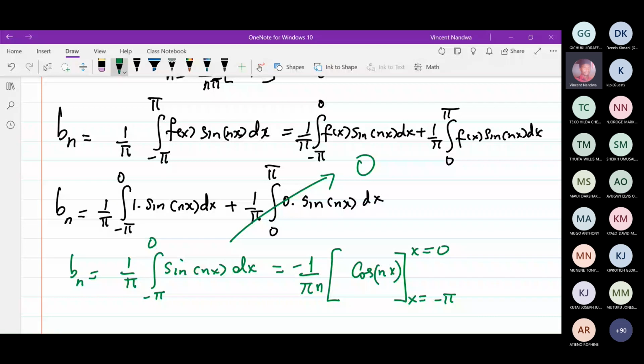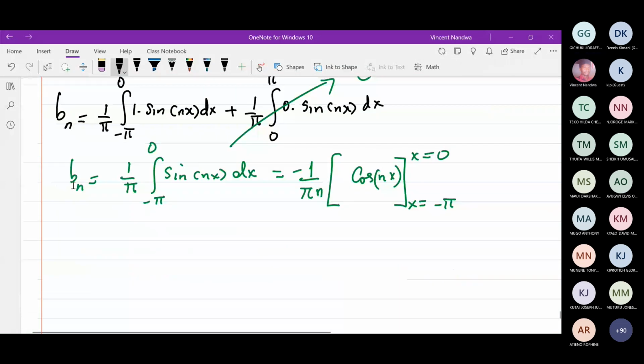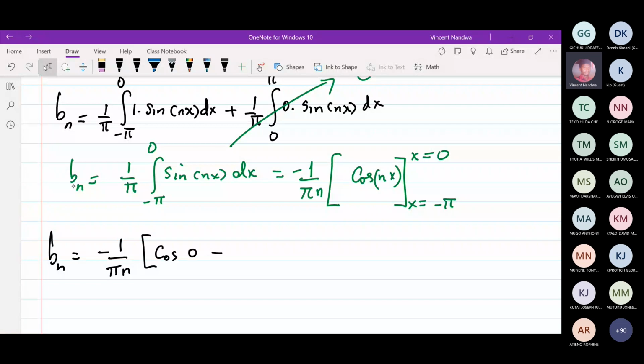Now Bn will be -1 over n pi. So I put 0, I'll have cosine of 0. I put negative pi, I'll get negative cos of negative n pi. But cosine of a negative angle is the same as cosine of the same angle when it's positive.